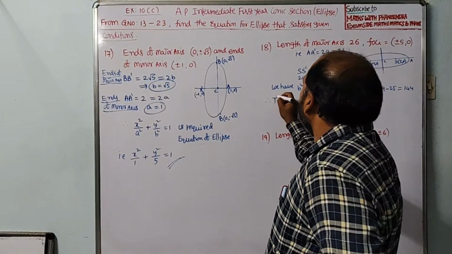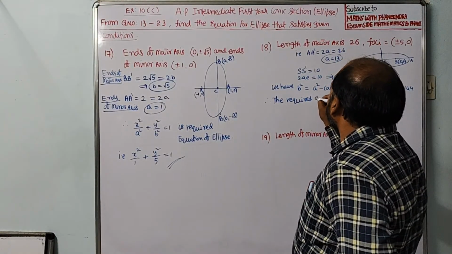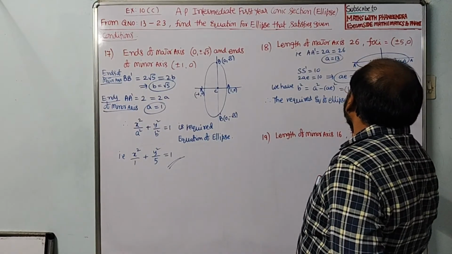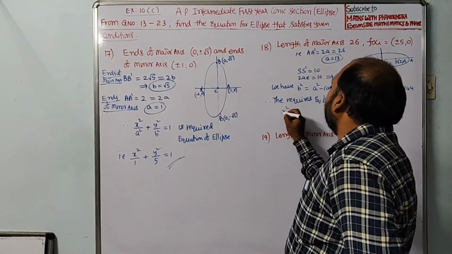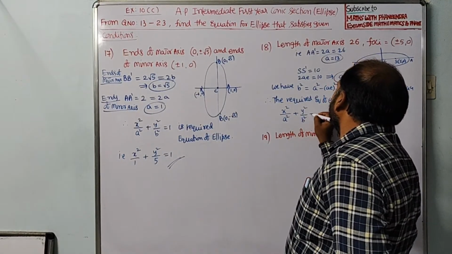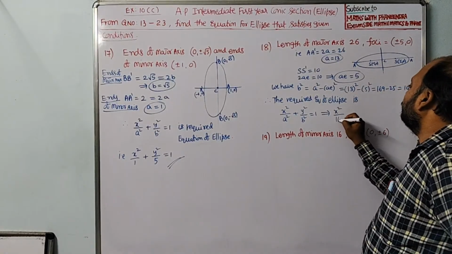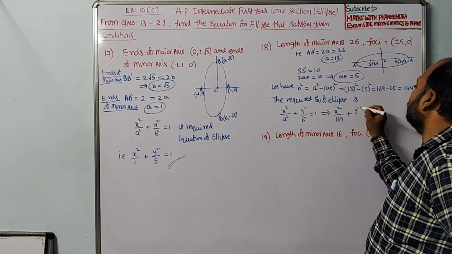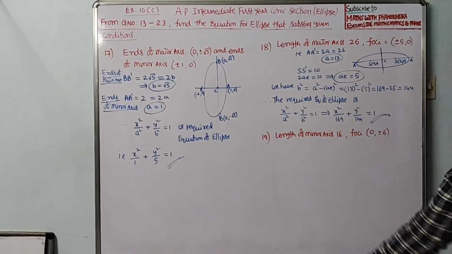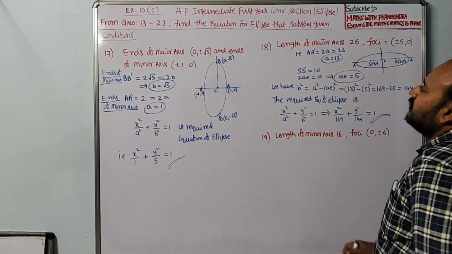Therefore, the required equation of ellipse is x square by 169 plus y square by 144 equal to 1. Okay, dear students, we'll move to question number 19.